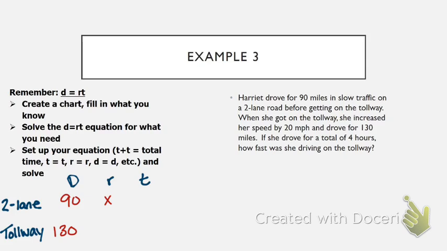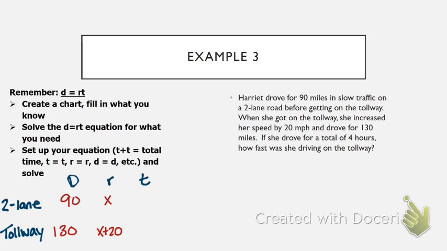Then on the tollway she was going X plus 20 miles an hour, because she increased her speed by 20. Her rate on the tollway is her 2-lane speed plus 20.